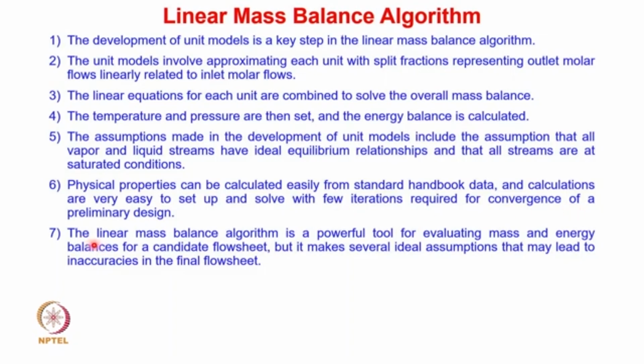And the last point here is that the linear mass balance algorithm is a powerful tool for evaluating mass and energy balances for a candidate flow sheet, but it makes several ideal assumptions that may lead to inaccuracies in the final flow sheet. But anyway, once this preliminary flow sheet is obtained, then we can refine the mass and energy balance equations and come up with the final design.